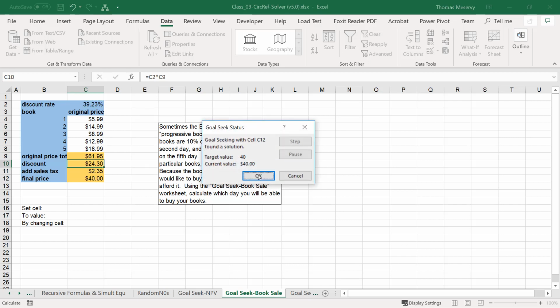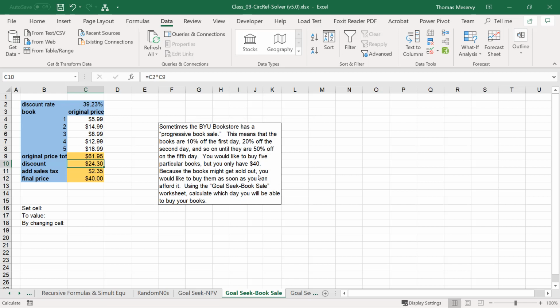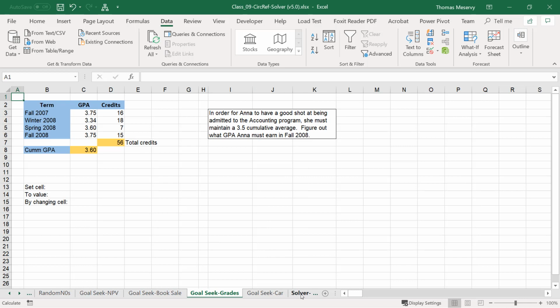And it looks like we get 39.23%. So what day would you buy those on? Well, day 4, because we need to round up. Now, on this problem, we could just put in 10% and then 20%, 30%, 40%, and probably find out soon enough. But it really wasn't that difficult with GoalSeek. We just need to know which values to stick in those parameters. Okay, let's take a look at the next one.